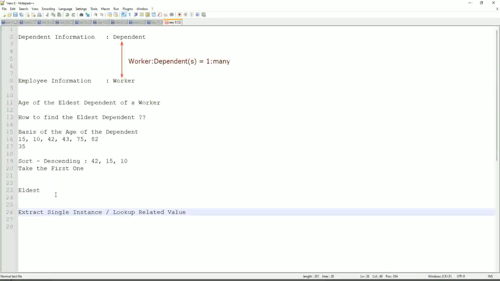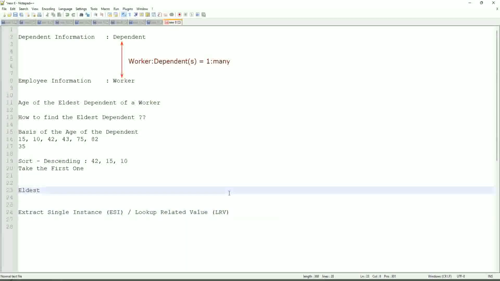This is the most common calculated field function that people will ask you about in your interviews. Extract single instance is called ESI, and look up related value is LRV. They typically work in combination.